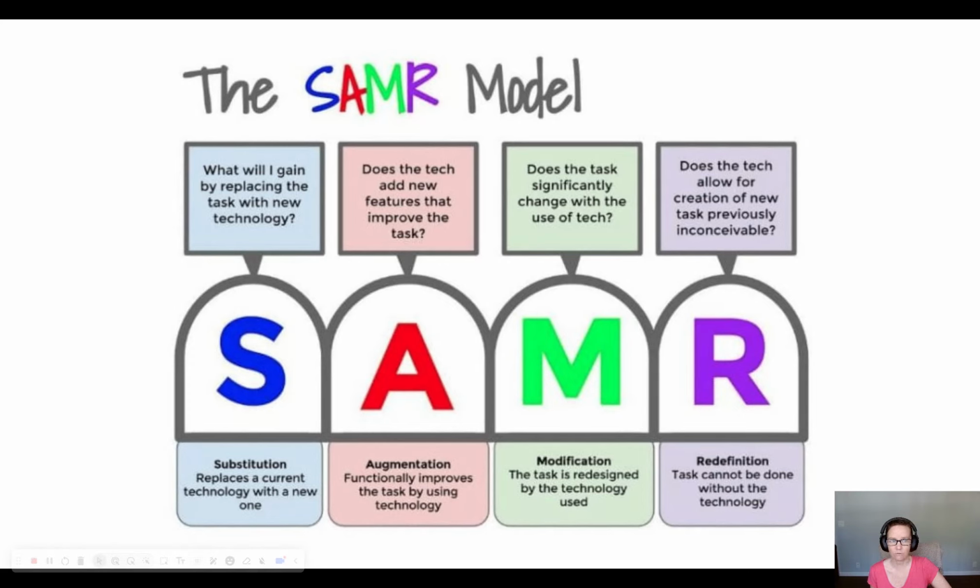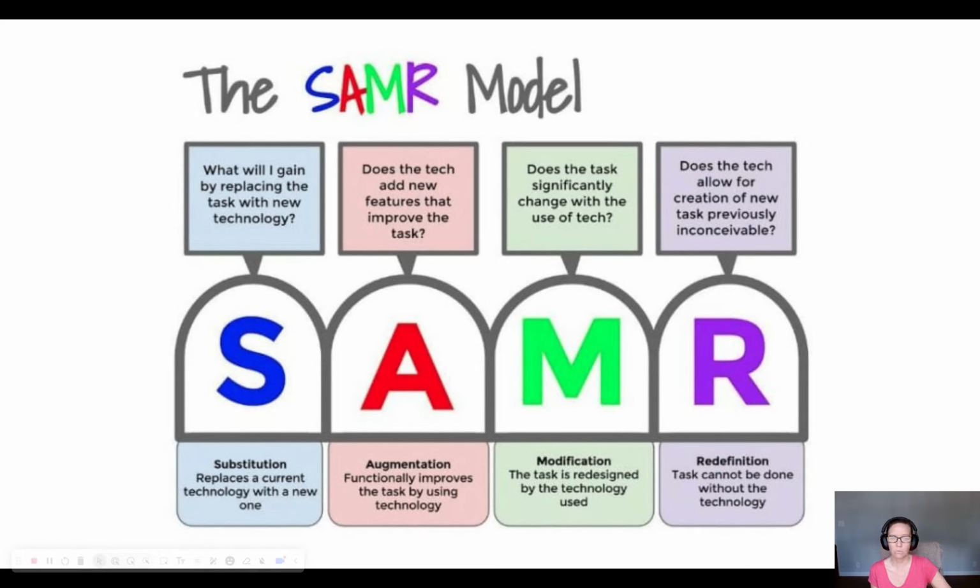Modification is allowing for a significant task redesign. Students are collaborating in real time on a shared Word doc or a Google Doc, providing peer feedback through comments and suggestions. They can also embed links, images, citations. So this one we are redesigning by using technology.